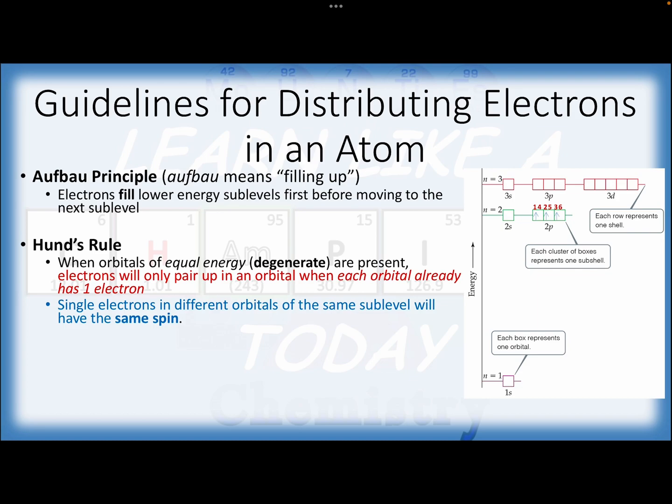Now, when electrons 4, 5, and 6 go in, that means you're going to have 2 electrons in the same physical area of space. Remember, electrons are all negatively charged, and so like charges tend to repel. So how do you get 2 similarly charged particles to occupy the same area in space and not repel each other?